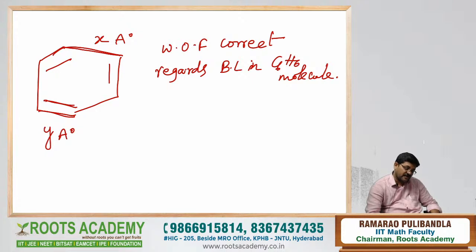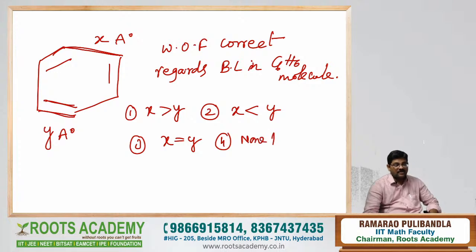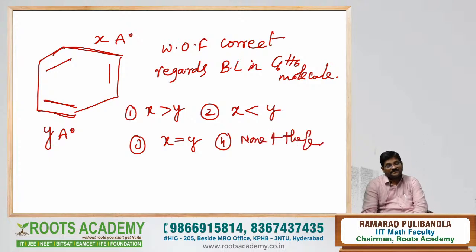The first option is given as X greater than Y, the second option as X less than Y, the third option as X is equal to Y, and the fourth option as none of these. One of the beautiful questions given in the previous JEE Mains paper.